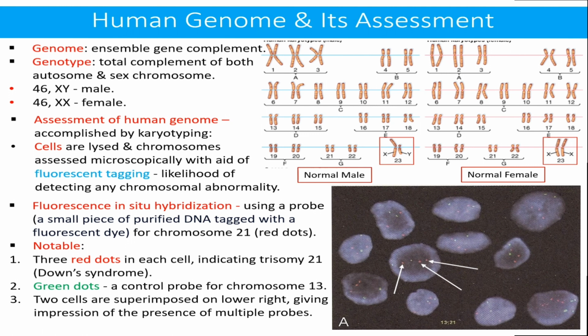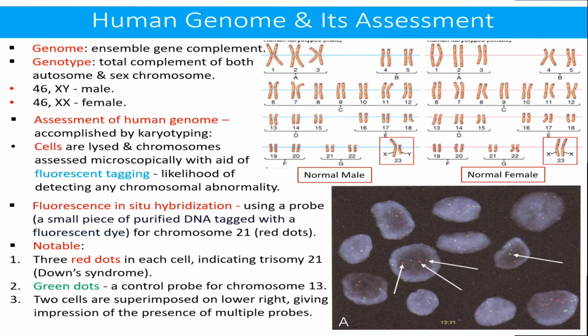Notable things in this diagram are: number one, there are three red dots in each cell, which indicate trisomy 21, that is Down syndrome, and the green dot, one green dot in each cell, is the control probe for chromosome 13.